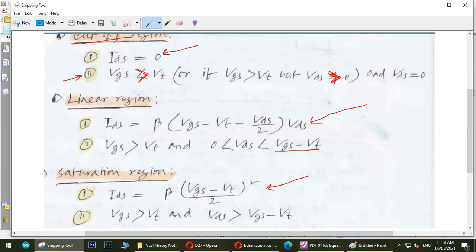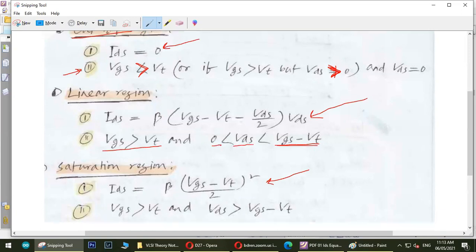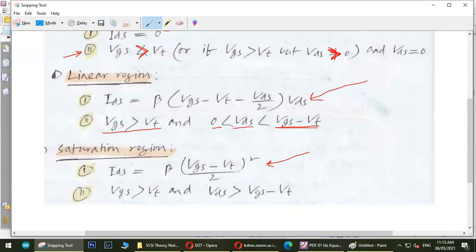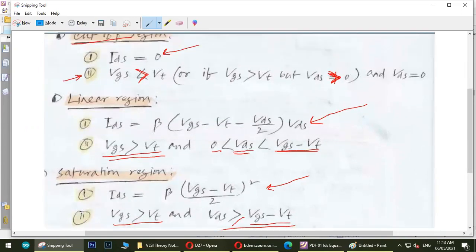So your VGS should be greater than VT, and your VDS should be more than 0, but less than VGS minus VT. Then your saturation region will occur when your VGS is more than VT, but VDS will be more than or equal to VGS minus VT. So that is your 3 conditions, 3 regions, 3 equations.